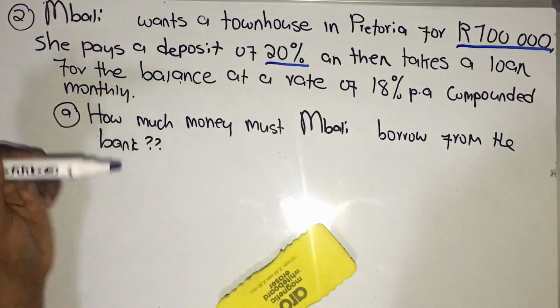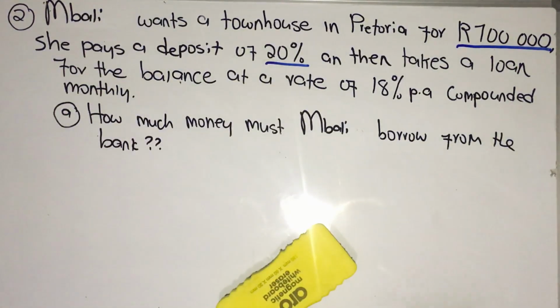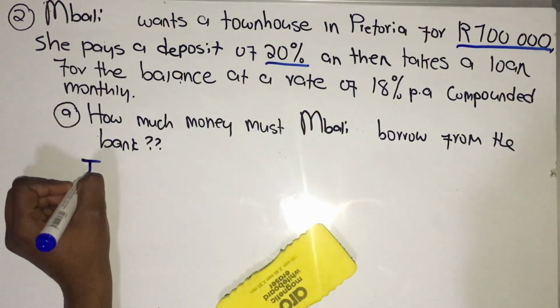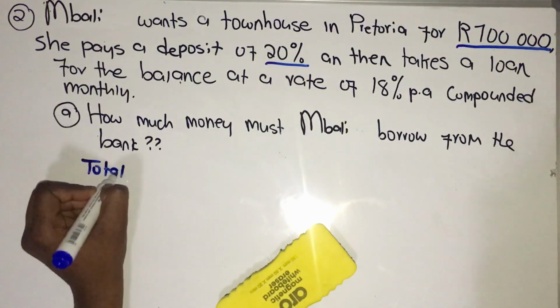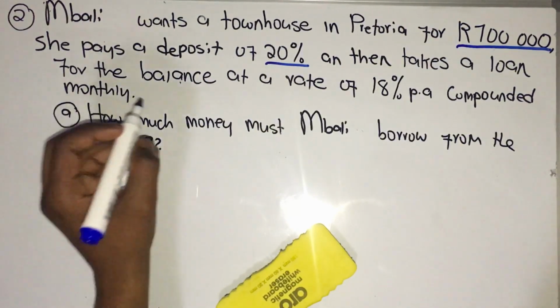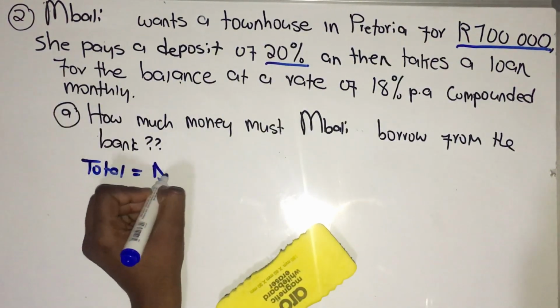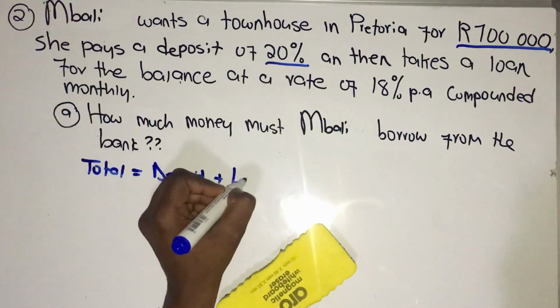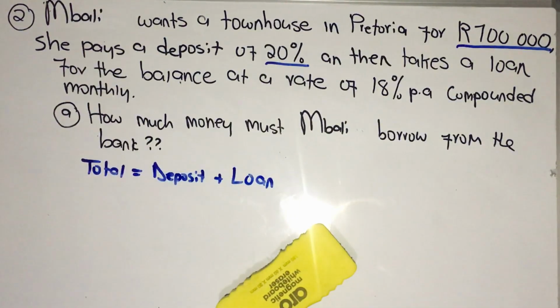So how much money must Mbali borrow from the bank? Okay, so to answer this, the total, which is 700,000 rands, is equal to the deposit plus the loan.